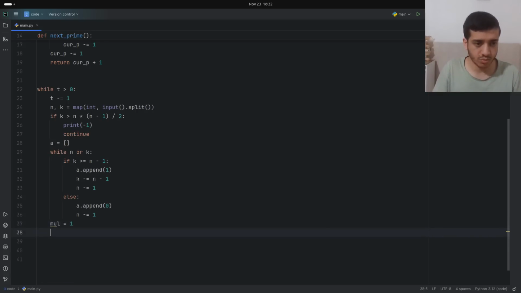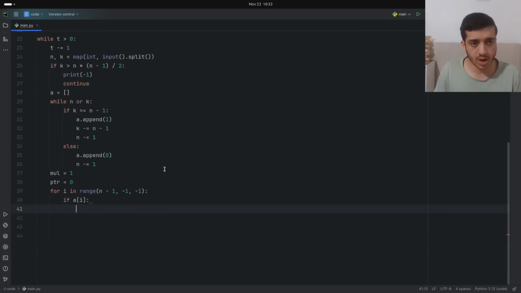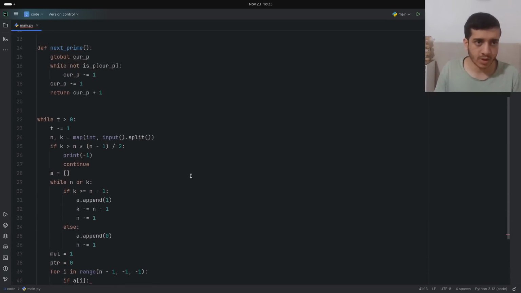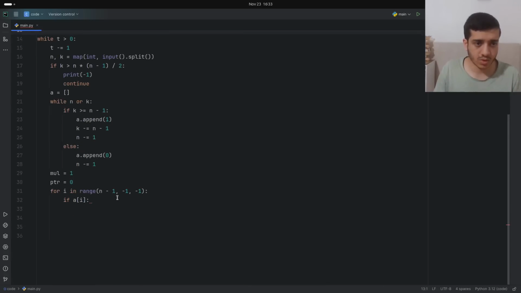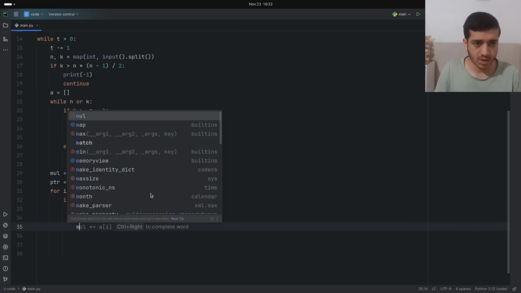First I put move and I use ptr. And then I start from n-1. If a i, so if here I need the prime, I put here ptr, then I go to the next.